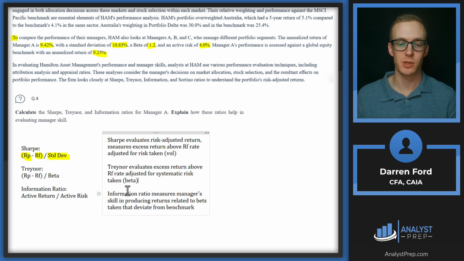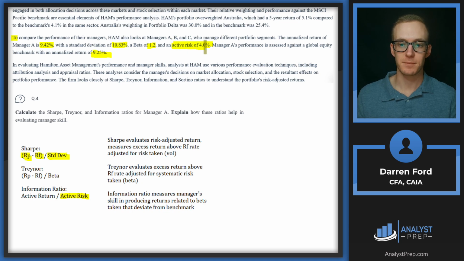And then the information ratio is a much better measurement of manager skill, because we're taking into account the active bets we're taking, how we're deviating from the benchmark, and how that's actually leading to better returns. In all instances, a higher number is better. For information ratio, active return is our return minus the benchmark return, and active risk is tracking error. We're given active risk of 4%.